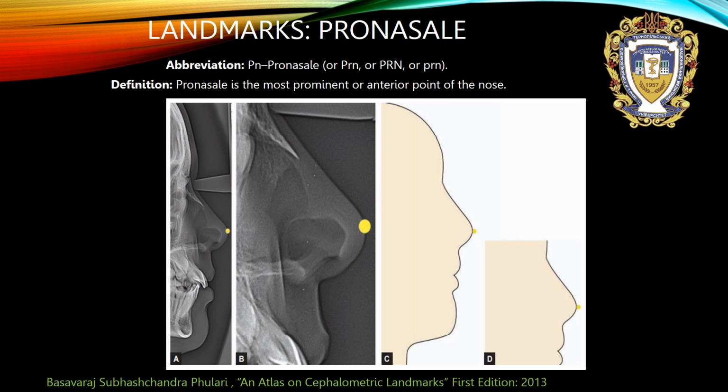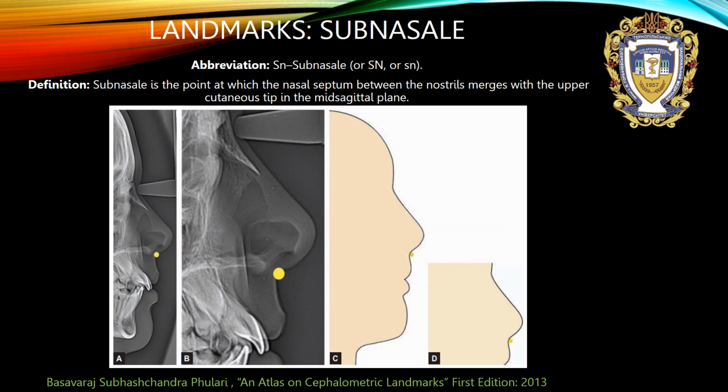Pronasale point is the most prominent or anterior point of the nose. Subnasale point is the point at which the nasal septum between the nostrils meets the upper cutaneous lip in the mid-sagittal plane.